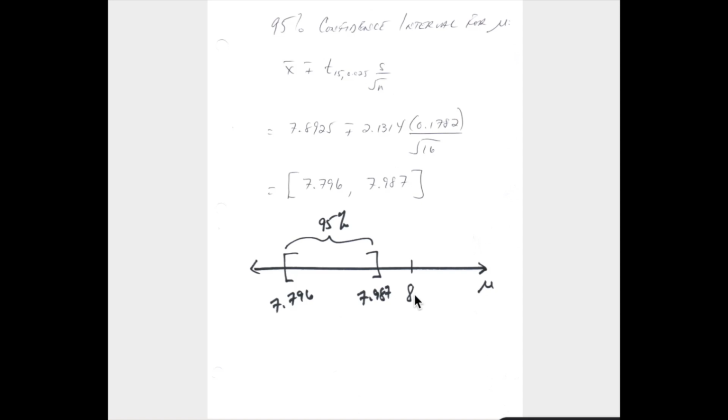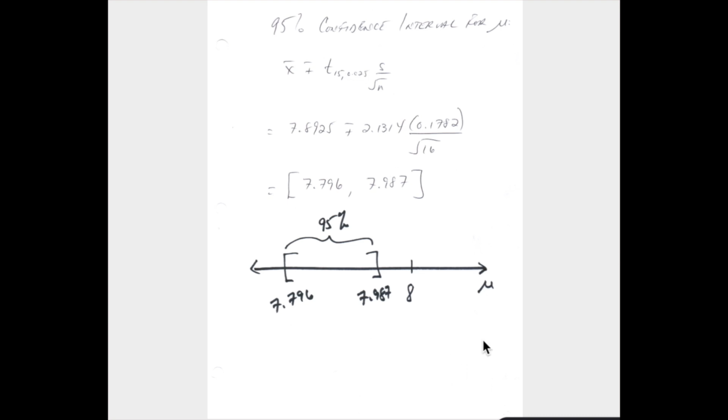And so because the hypothesized value under the null hypothesis, 8 ounces, is not in this confidence interval, we know that were we to do the hypothesis test, we would reject that null hypothesis. So this is, again, showing this correspondence between hypothesis tests and confidence interval estimates.